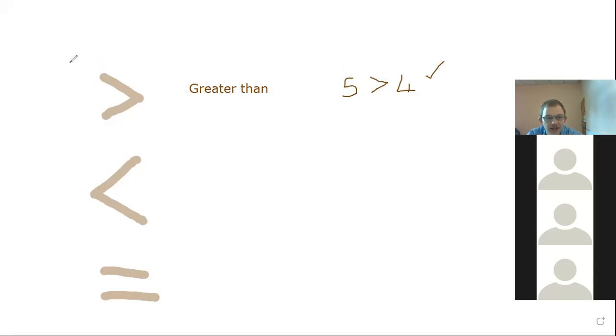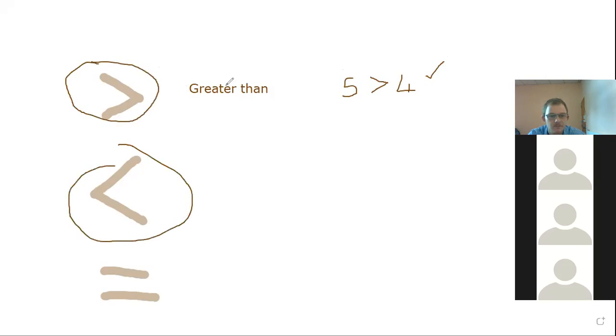If this one is greater than, what do we call this one then? Start with the first letter. Okay, here we go.